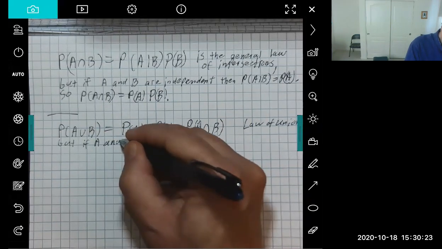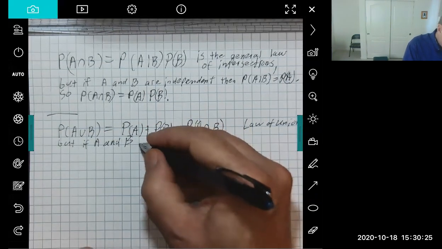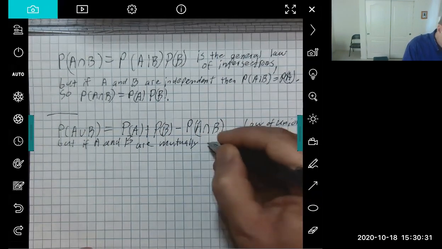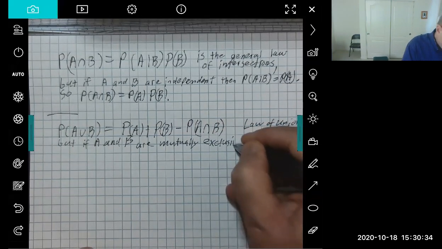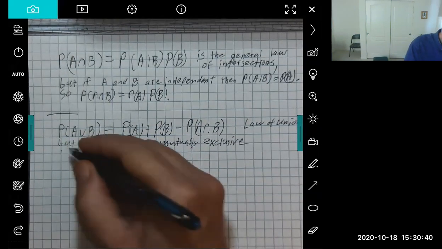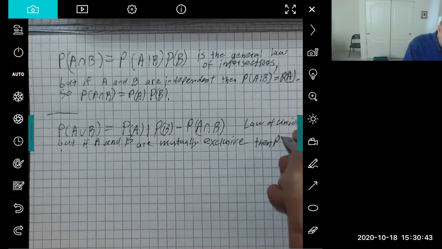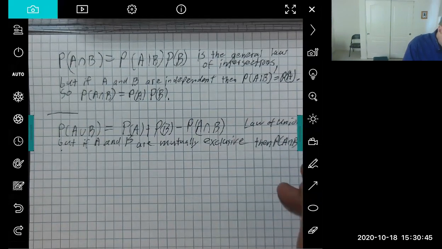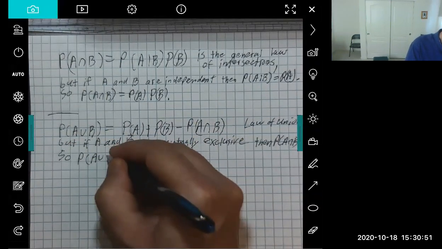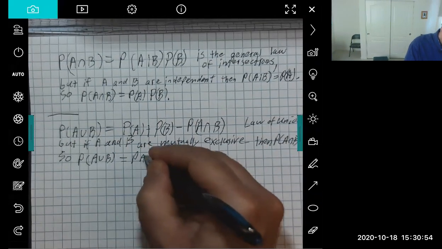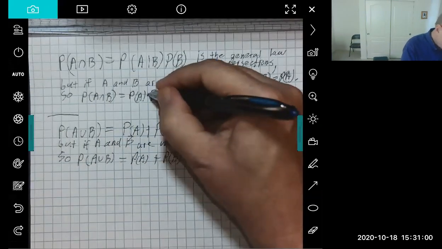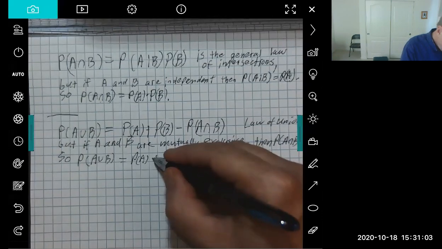But if A and B are mutually exclusive, so that they can't both happen, the probability of the intersection is 0. So then P of A union B is just P of A plus P of B. So with the intersection you multiply, with the union you add.